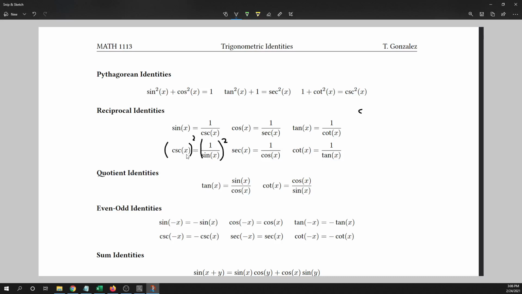Well, then we will get the same thing if we plug it in when we square it. And so when you do that, over on the left-hand side, you get cosecant squared x. Over on the right-hand side, if I have a fraction being squared, that's the same as squaring the top, which would be 1 squared, over squaring the bottom, which is sine squared. So that comes out to be 1 over sine squared.